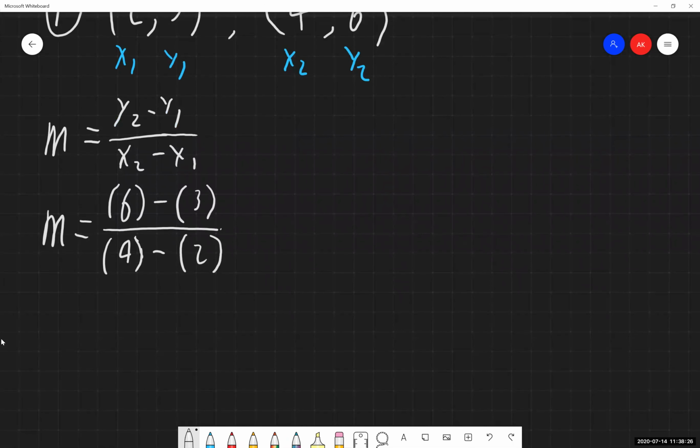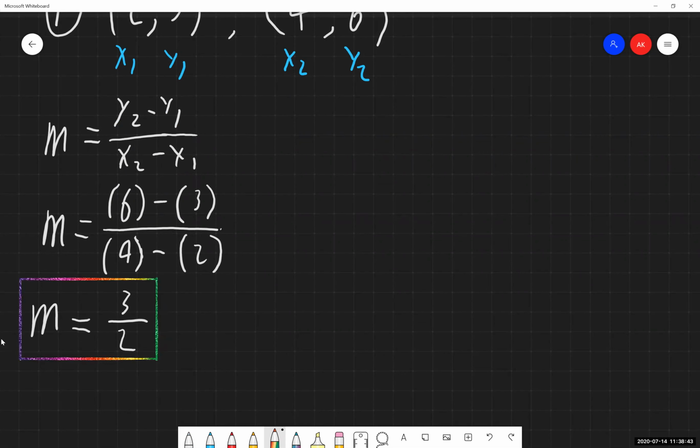Simplify the numerator, 6 minus 3, that's going to give me 3. Simplify the denominator, 4 minus 2, that's going to give me 2. I cannot reduce this fraction down, so I have a slope of 3 over 2. My rise is 3, my run is 2. The change in y is 3, the change in x is 2.